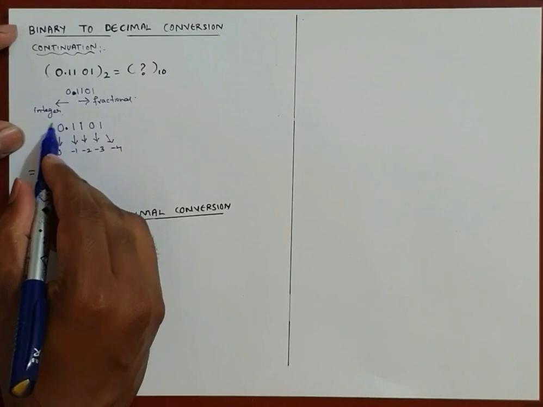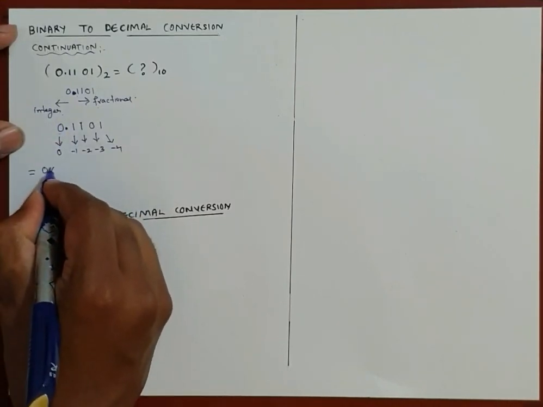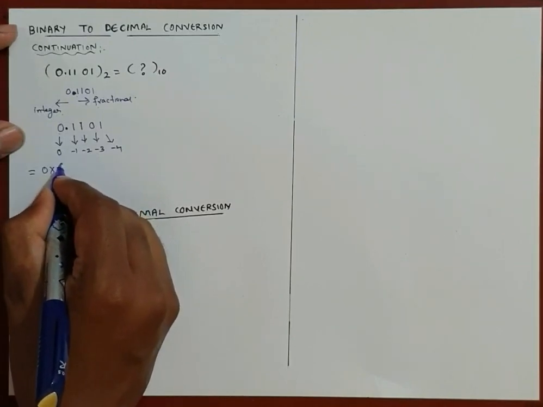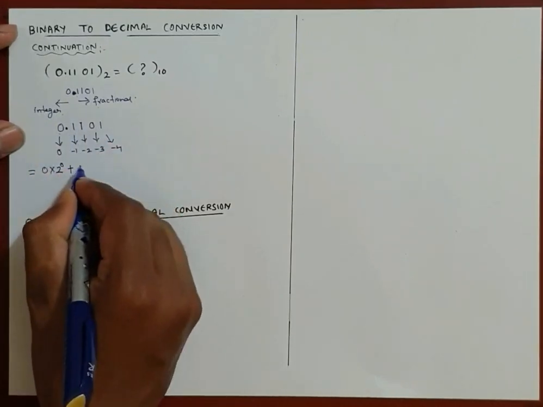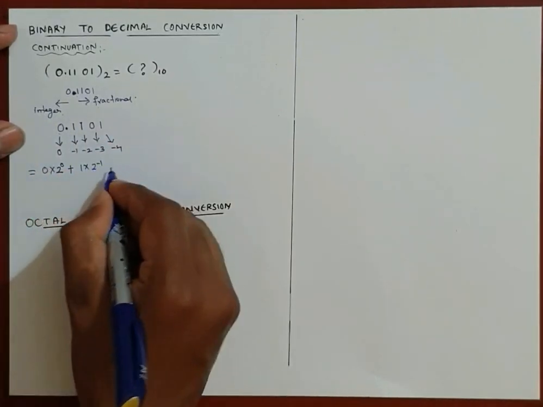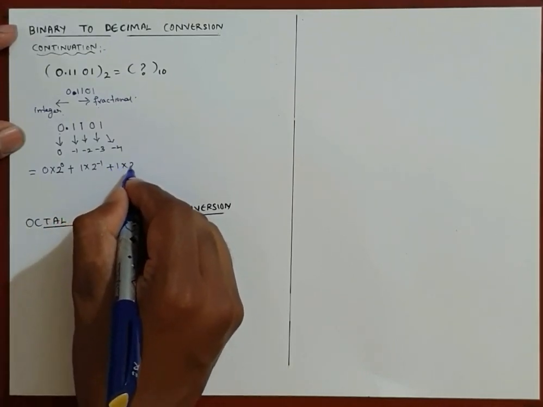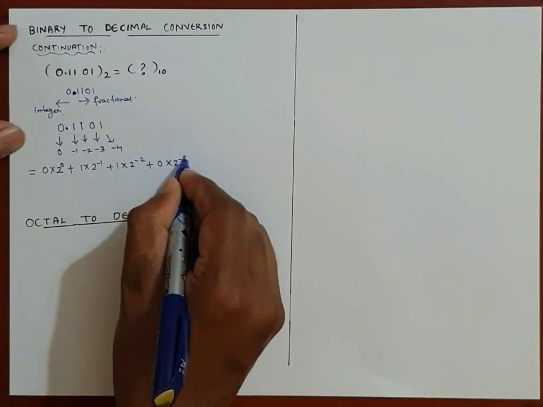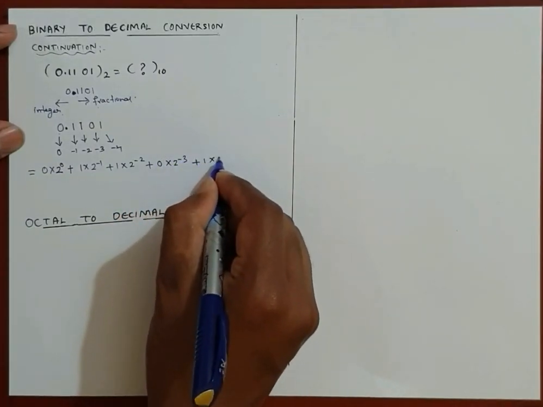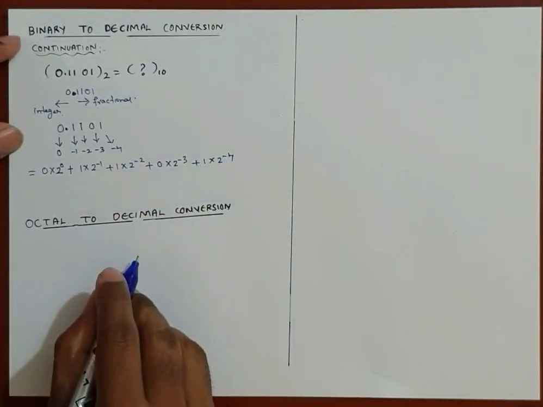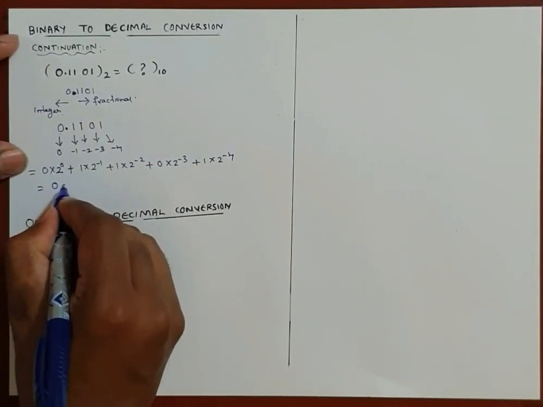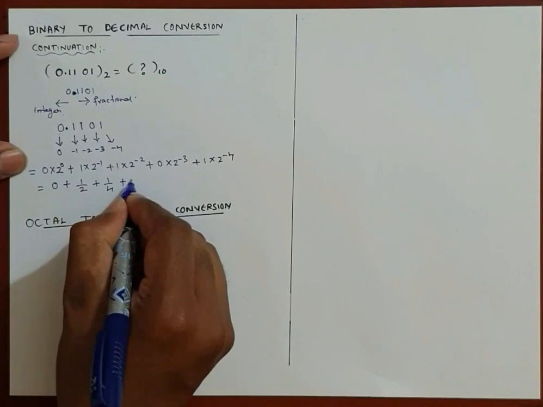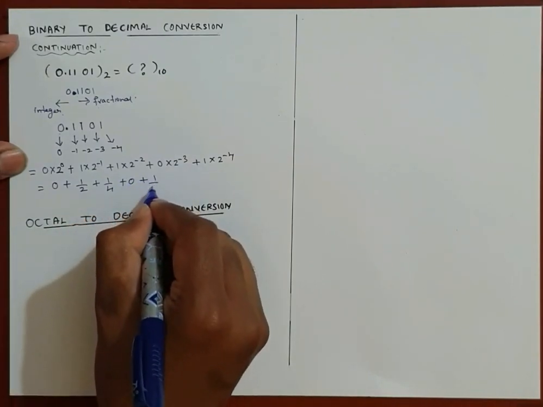perform the conversion. Take this number 0 into 2 to the power 0, plus 1 into 2 power -1, plus 1 into 2 power -2, plus 0 into 2 power -3, plus 1 into 2 power -4. If I simplify this, this will be 0, this will be 1 by 2 plus 1 by 4, this will be 0 plus 1 by 16.